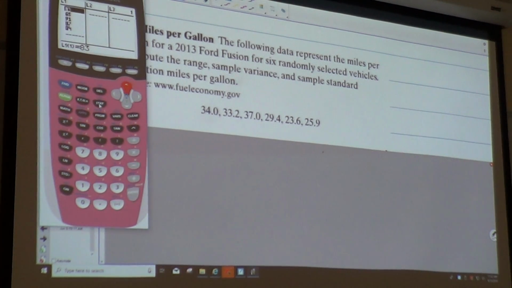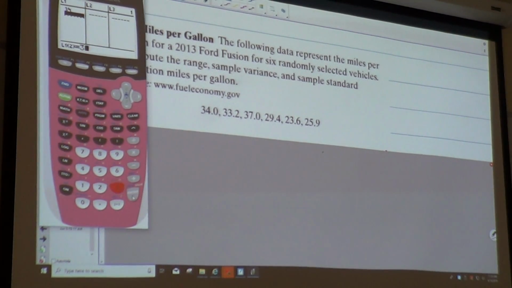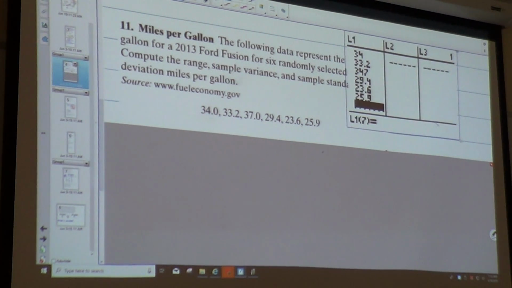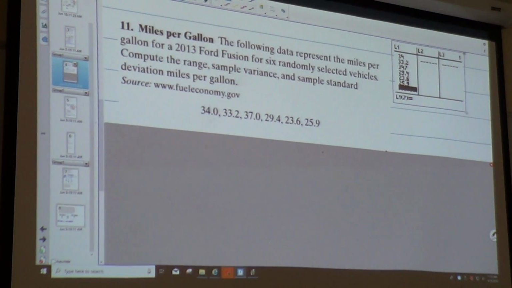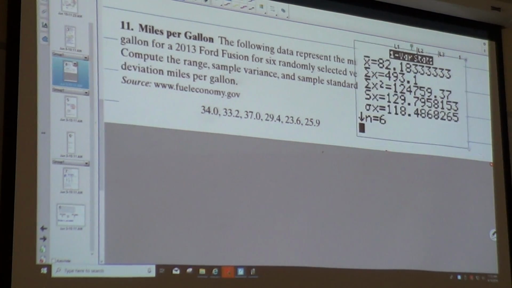Stat edit, stat count, 1 var stats. And then when I do my 1 var stats, here's page 1.